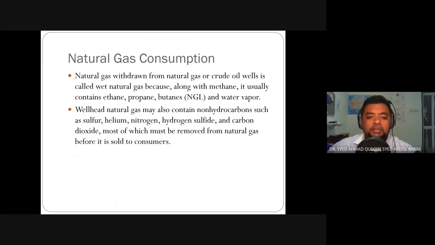Wellhead natural gas may also contain non-hydrocarbons such as sulfur, helium, nitrogen, hydrogen sulfide, and carbon dioxide. So all these components need to be taken out from the natural gas itself before being consumed by consumers.